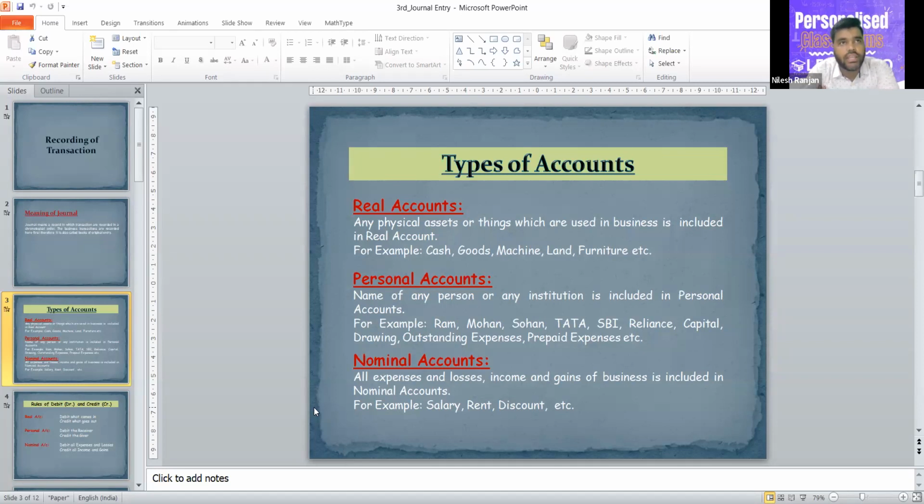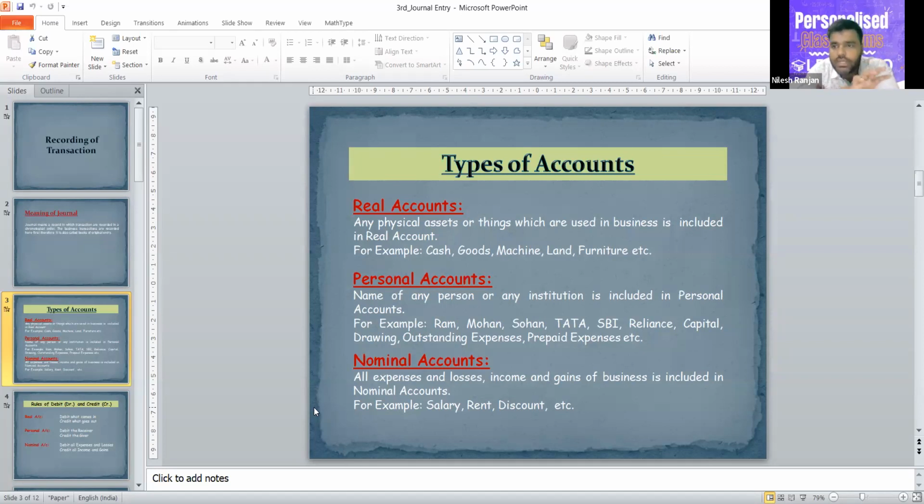There can be profit or loss also. When we sell our assets at a higher price than our book value, there is a profit. If we sell our assets at a lower price than the book value, it is a loss for us. So income, expenses, profit or loss are nominal account for us.